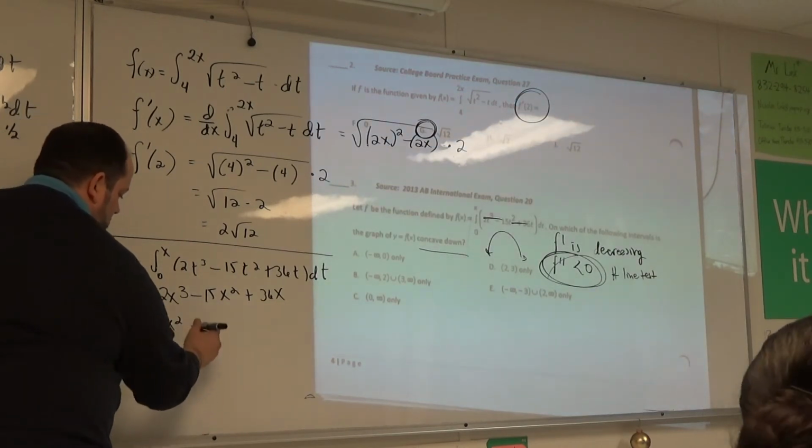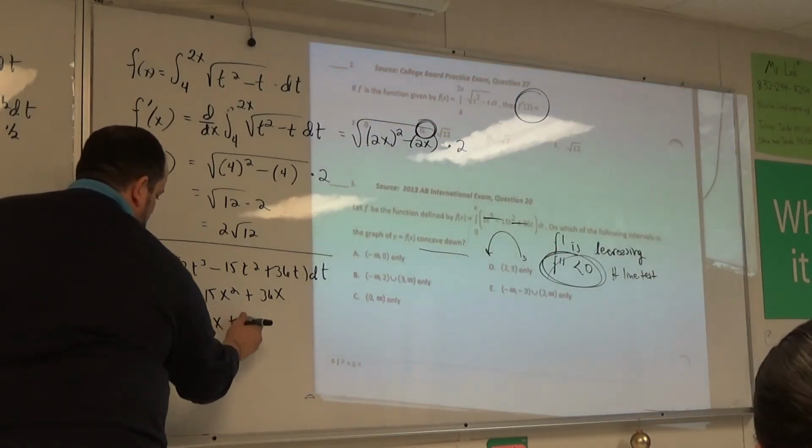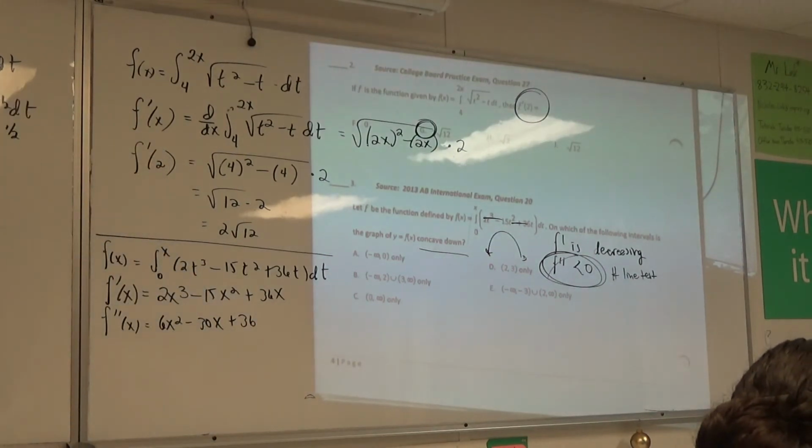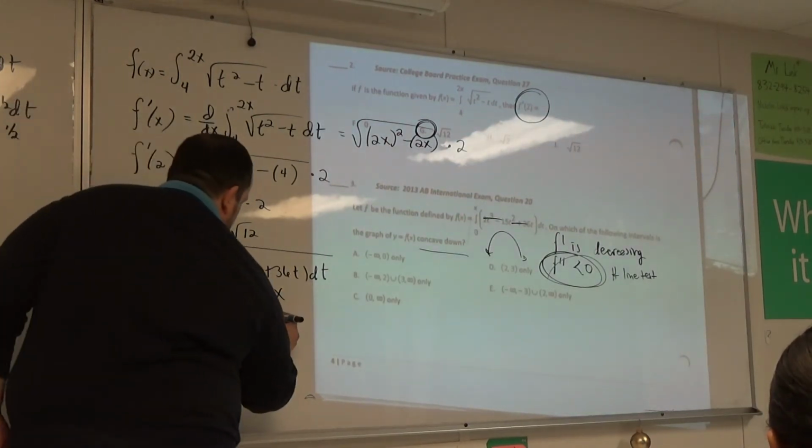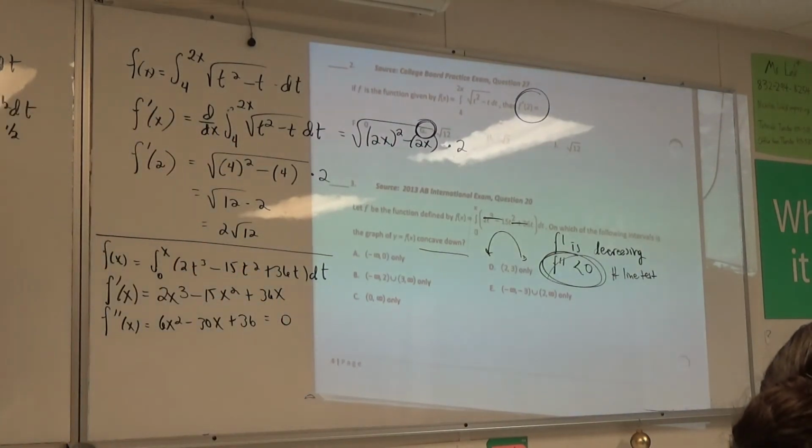6x squared minus 30x plus 36. The number line test goes something like this. Find the roots. Set this equal to 0. Find those roots using your good algebra skills.